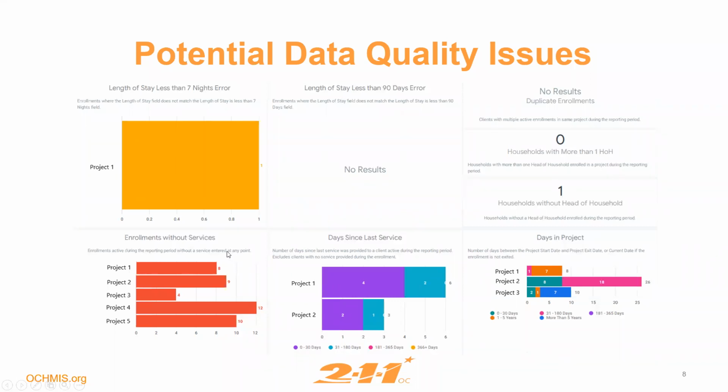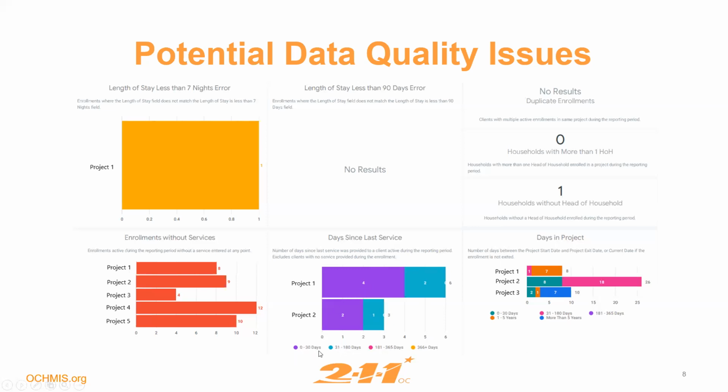On the left, it counts the number of enrollments that don't have any services entered at all during their enrollment. So if you know your project requires services to be entered and you're seeing numbers here, then that's something you should look into. The middle chart is looking at, if the client does have a service in an enrollment, how long ago did that occur?